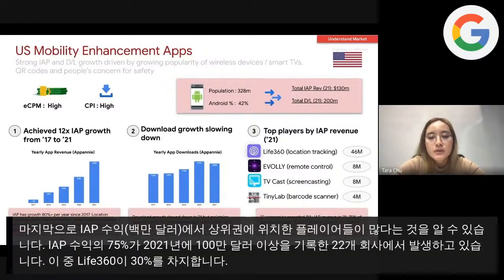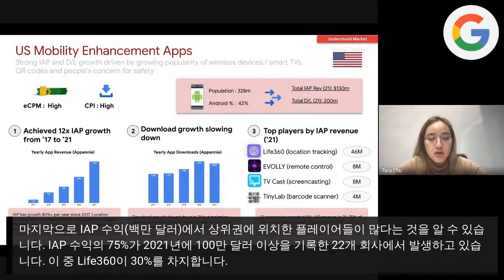There are also top players that we rank by IAP revenue, and here you can see it in millions in terms of revenue size. So it's again quite similar to the global trend. It's quite top heavy: 22 companies recorded 1 million plus in IAP revenue in 2021, and 70% of the vertical revenue comes from them.